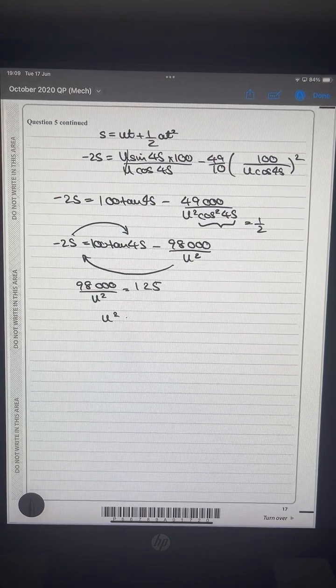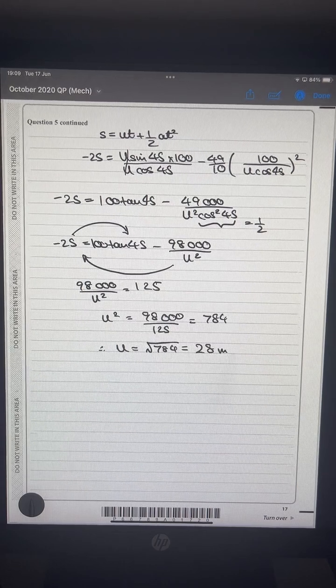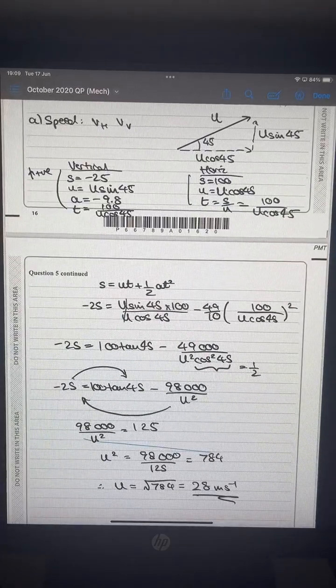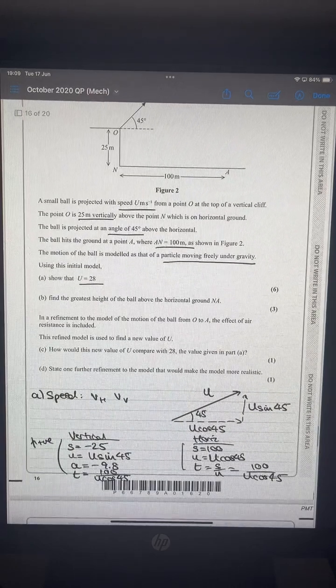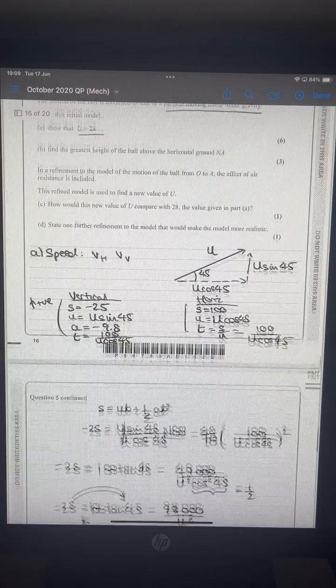U squared is going to be equal to 98,000 divided by 125, which is equal to 784, and you just square root and say, therefore, u is equal to the square root of that, which is equal to nicely 28 meters per second, which is the answer we wanted to prove at the start. And that is how you bag 6 marks nice and easily by just doing horizontal and vertical motions separately.